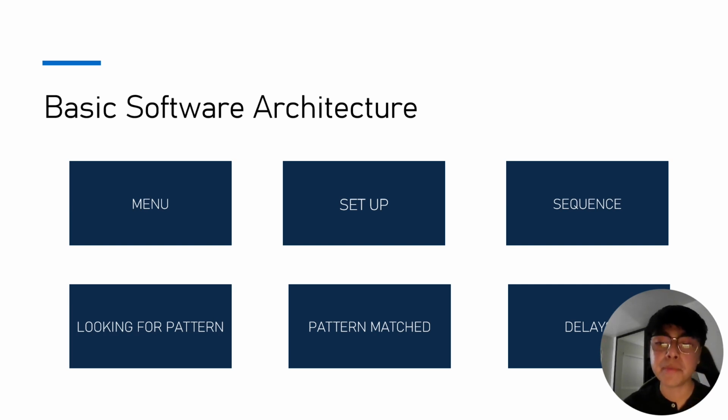First off being the menu, the setup, the LED sequence that was presented to the user, looking for that certain pattern, seeing if the player was able to match that same pattern using the switches, and when the switches were found, pattern matched, and a delay block to create some sort of animation with the LEDs to look presentable.